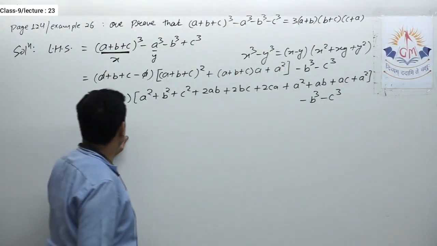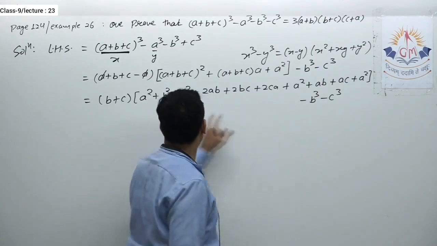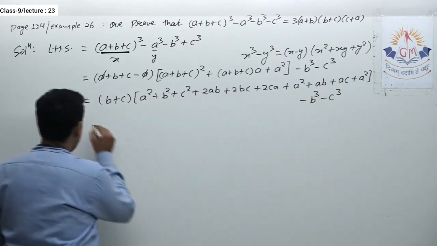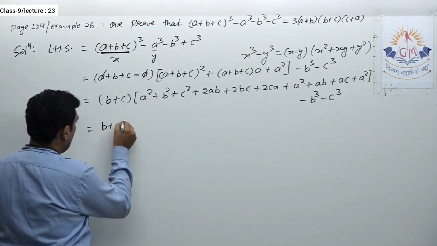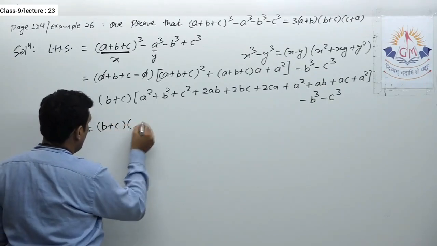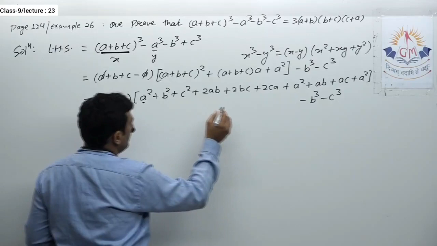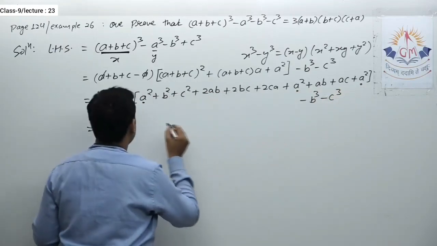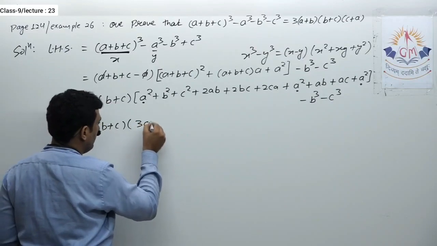Okay, so up to this I hope it is clear to you. Now here if you find the like terms, we'll add. So here I have b plus c, and over here this a square, again I have a square, and again I have a square. So I write 3a square.